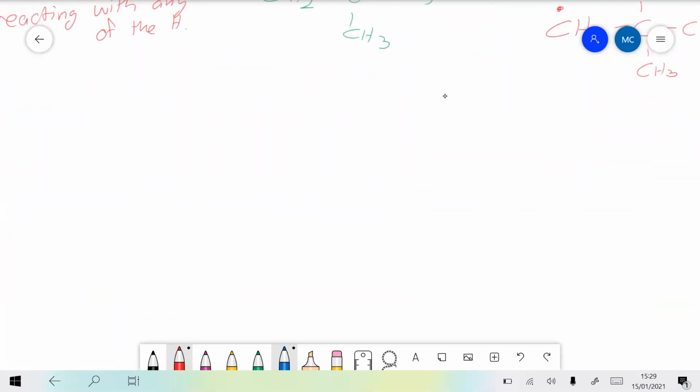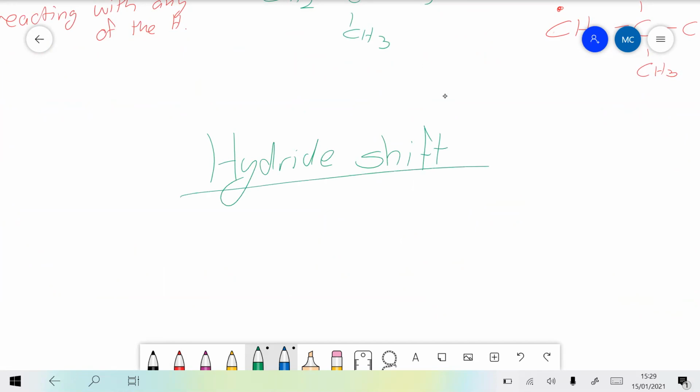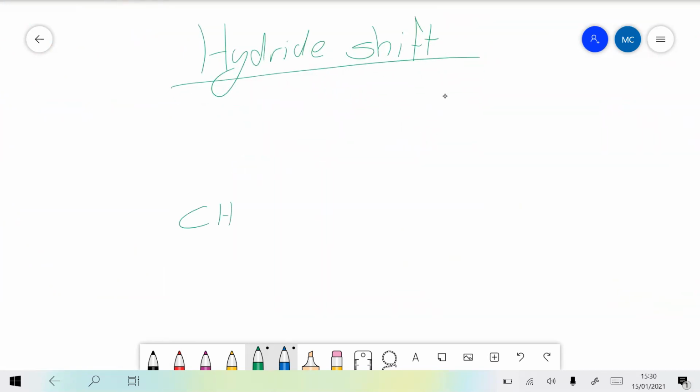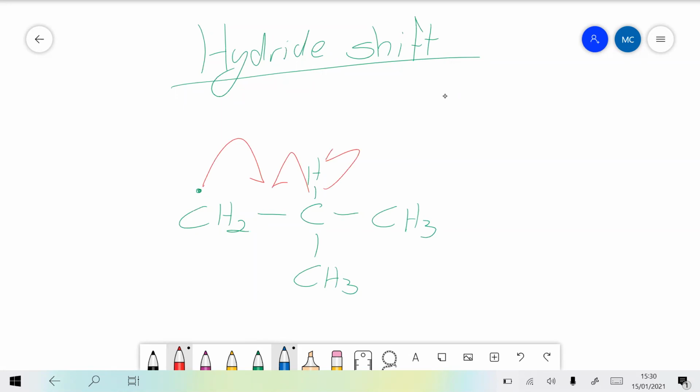What happens is we get what we call a hydride shift. So what is a hydride shift? You have a radical over there, therefore you will have internal propagation.